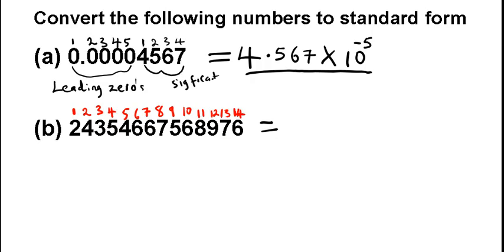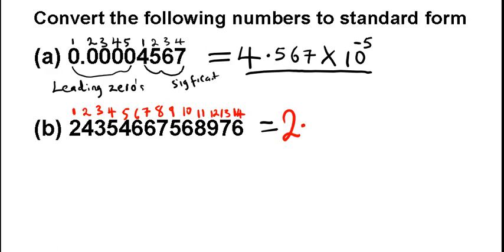Now, how do we change it to standard form? We start from 2, because all these digits are significant. We start with the first significant number, which is 2. So we write 2, then we put a decimal point.